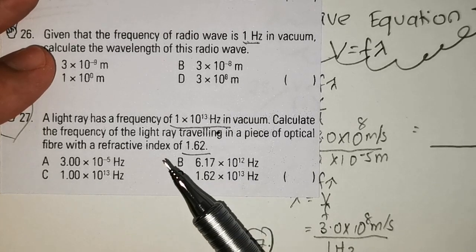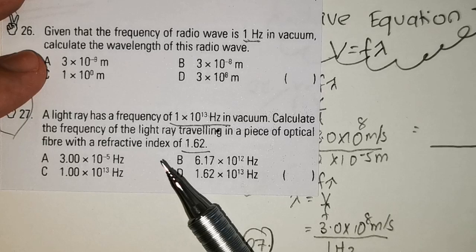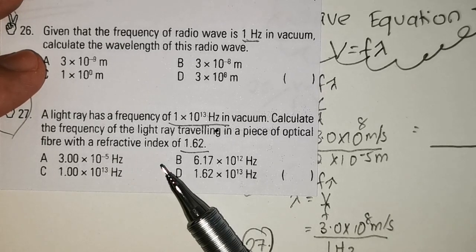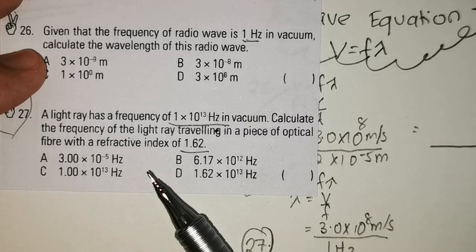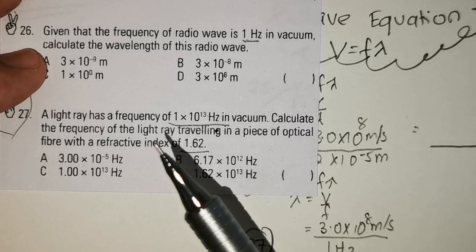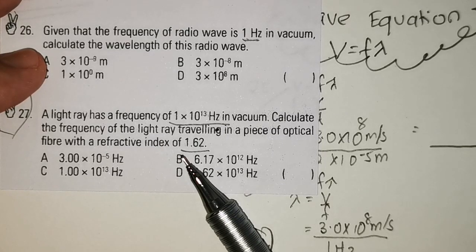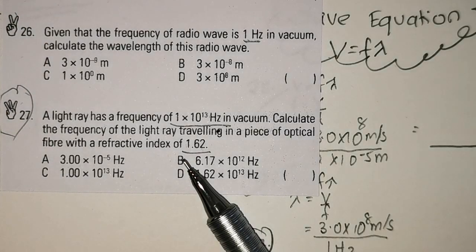It's very straightforward. Again, the properties, you need to remember that one. The properties of the electromagnetic waves in the electromagnetic spectrum: the frequency does not change. You need to remember that one. If possible, state it, the frequency does not change.